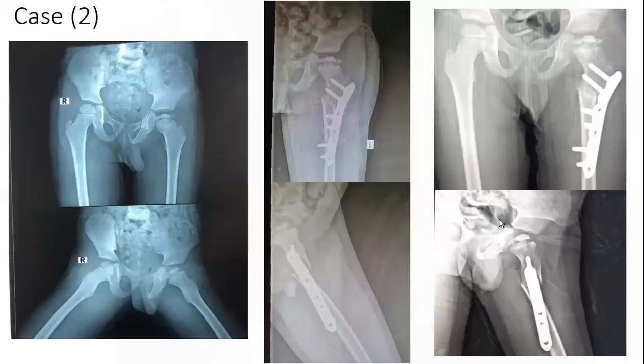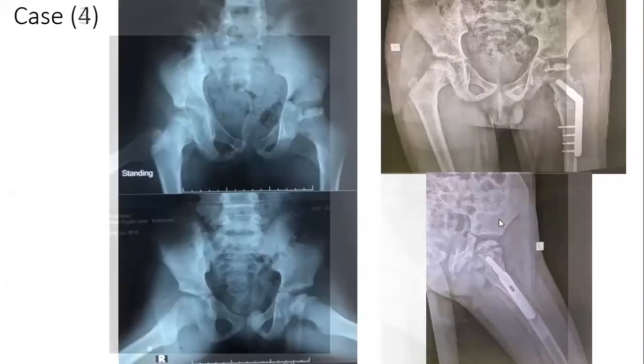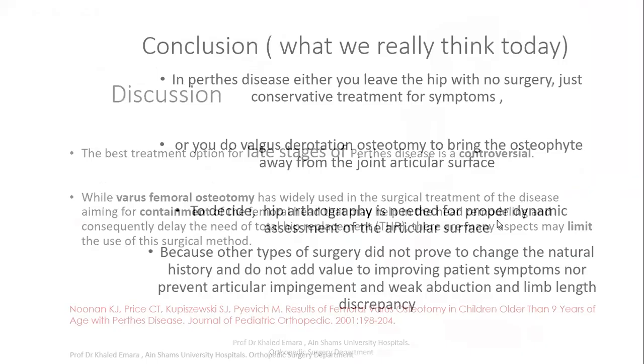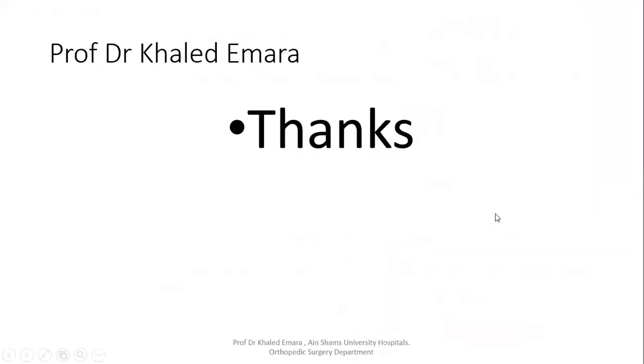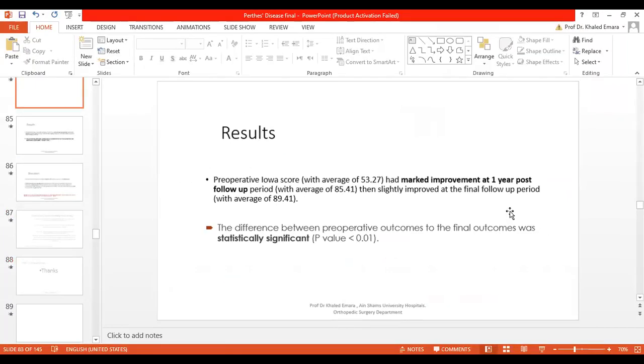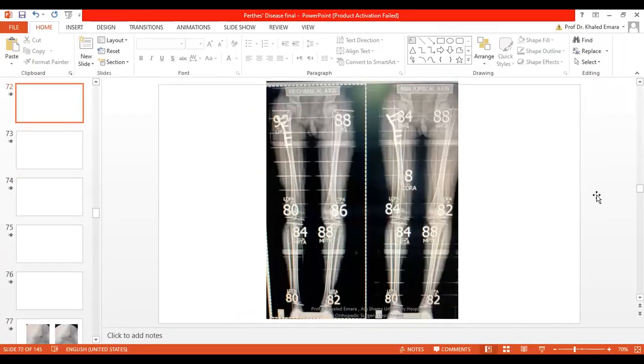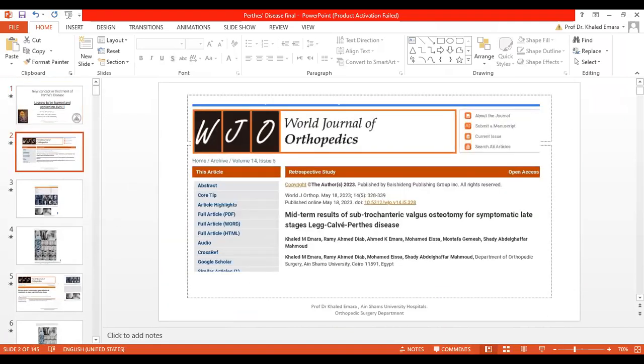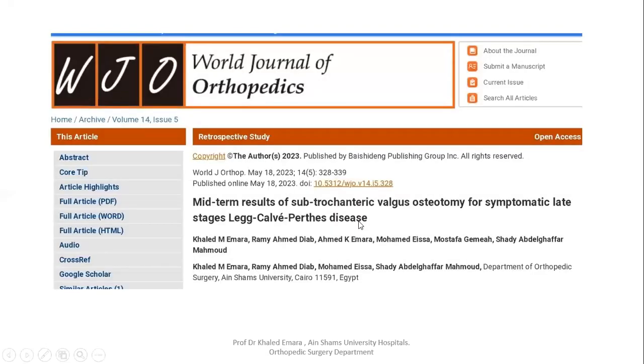We have so many cases, as I told you before, with long follow-up, enough to prove our theory that valgus osteotomy and correction of the deformity is the key for such cases, and that's how we should treat these patients. We need to treat patients, we need to correct the symptoms of these patients to live their life, not to do another surgery that will not correct the problem nor improve the symptoms of the patient.